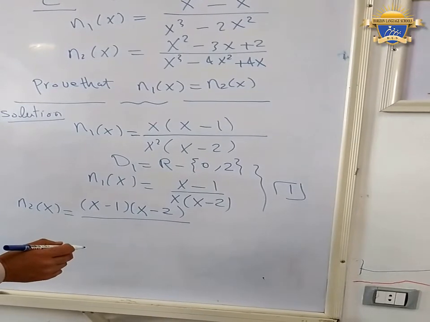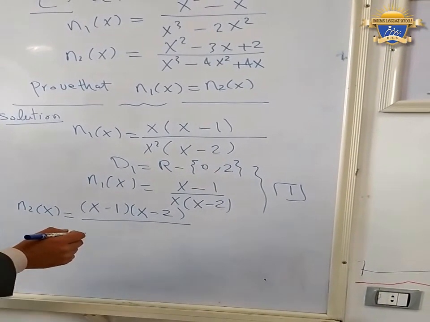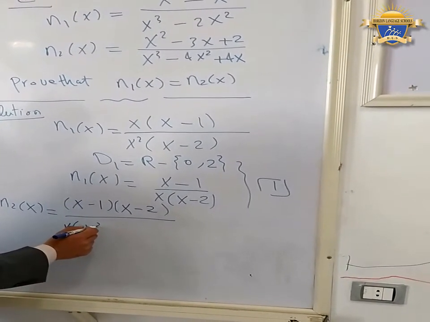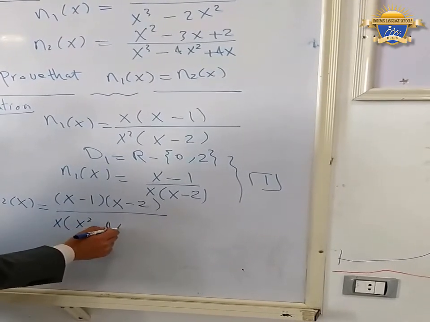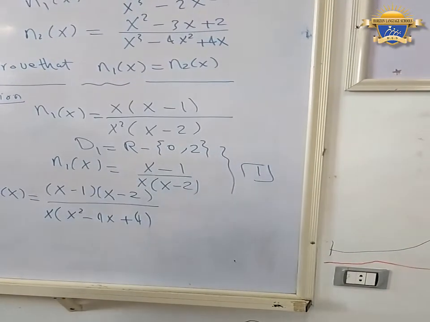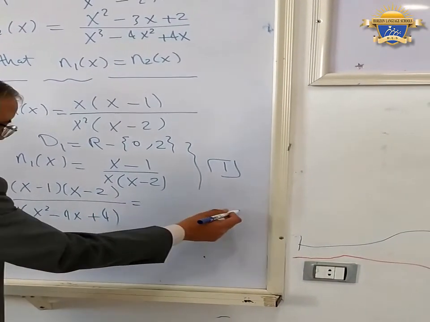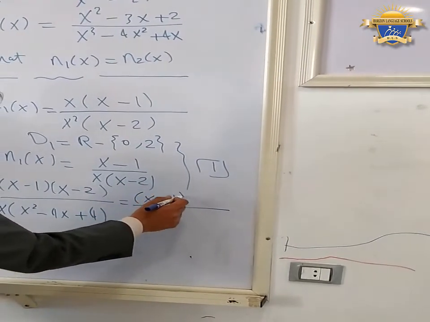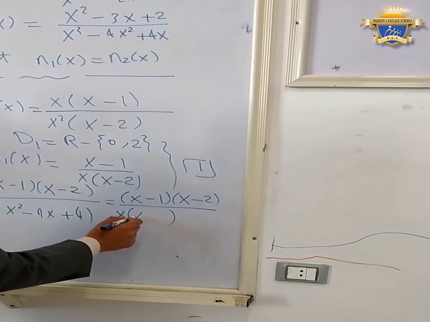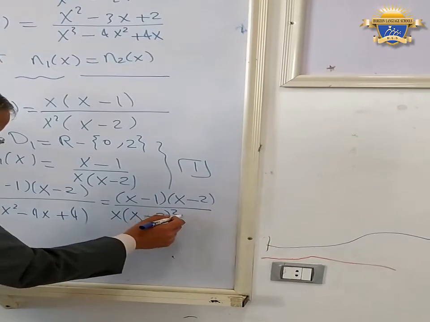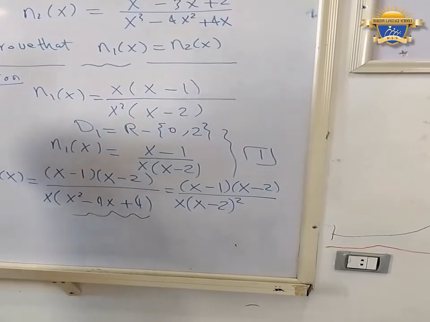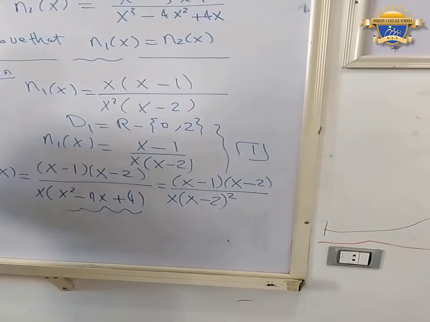In the denominator, we take at first x as a common factor, then x squared minus 4x plus 4. This expression is a perfect square, so it can be factorized as x minus 2 to the power 2.